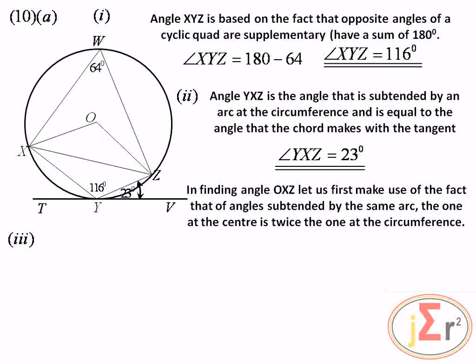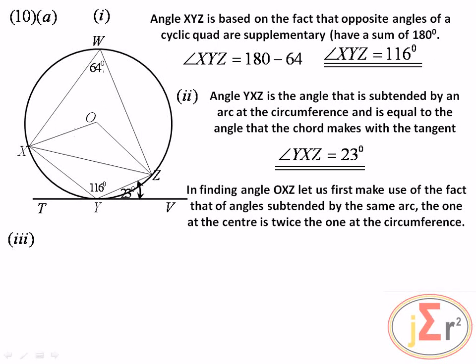In finding angle OXZ, we need to find OXZ. So why do we have these angles showing?